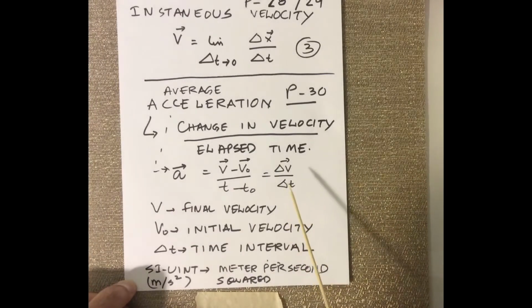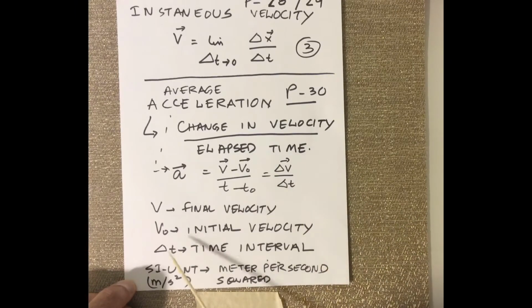So finally we can define acceleration equals delta v over delta t. v is the final velocity, v0 is the initial velocity, delta t is the time interval, and the SI unit for acceleration is meters per second squared, or meters per second per second.